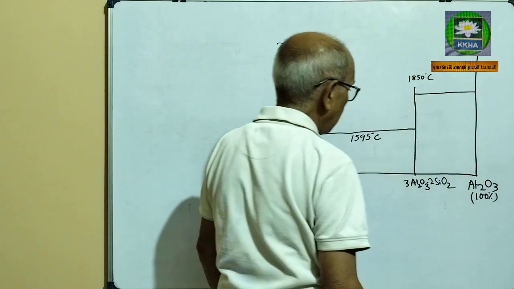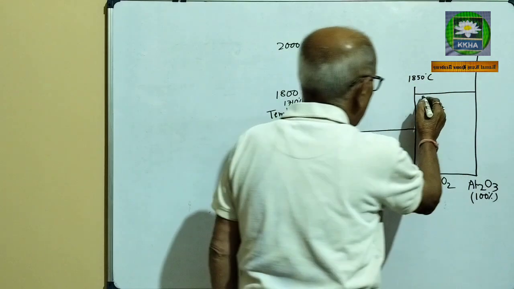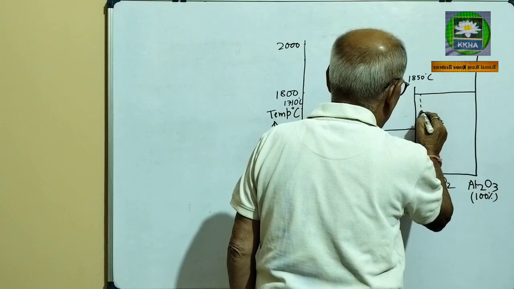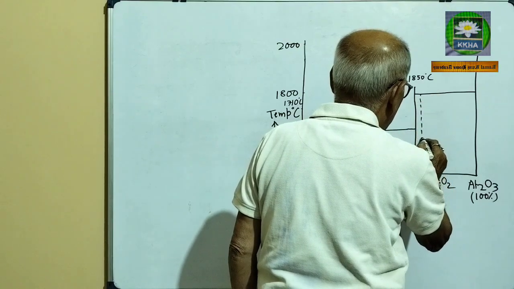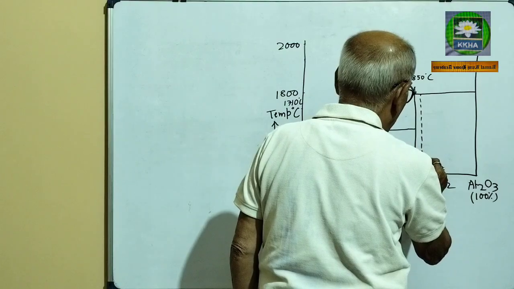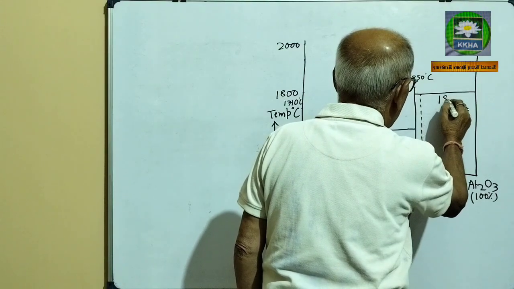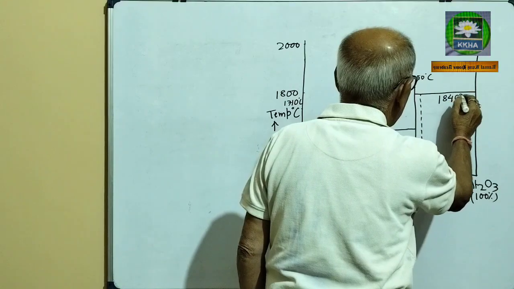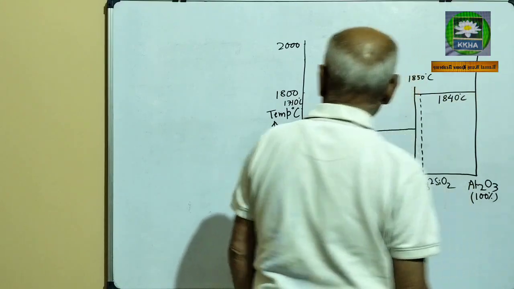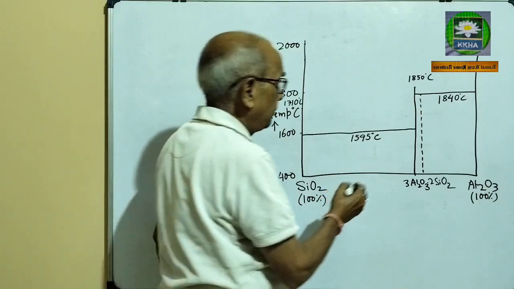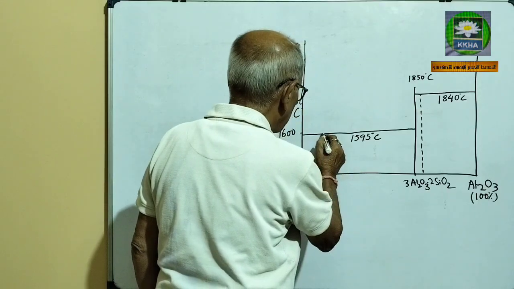There is another Solidus which goes from Mullite to alumina at temperature of 1840 degrees Celsius. There are two eutectics in this phase diagram.